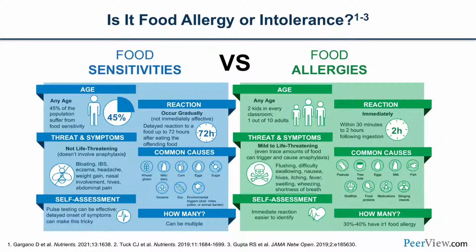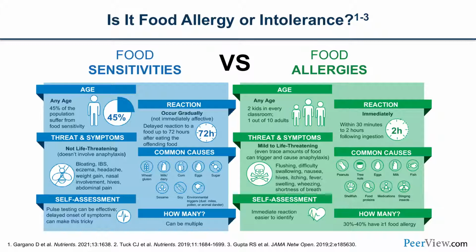These are typically not life-threatening and typically involve lactose intolerance or enzymatic deficiencies, or pharmacological effects from food products such as caffeine. The most common one is lactose intolerance, which can cause abdominal cramping, bloating, and discomfort. And patients can have multiple food sensitivities or intolerances.